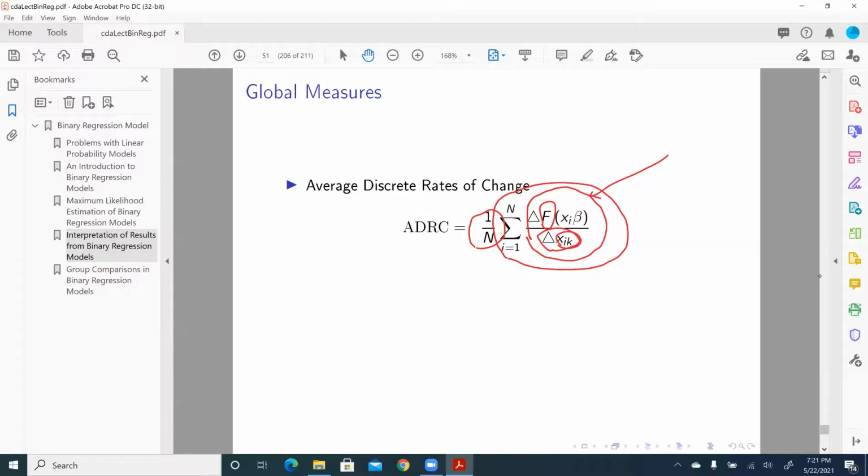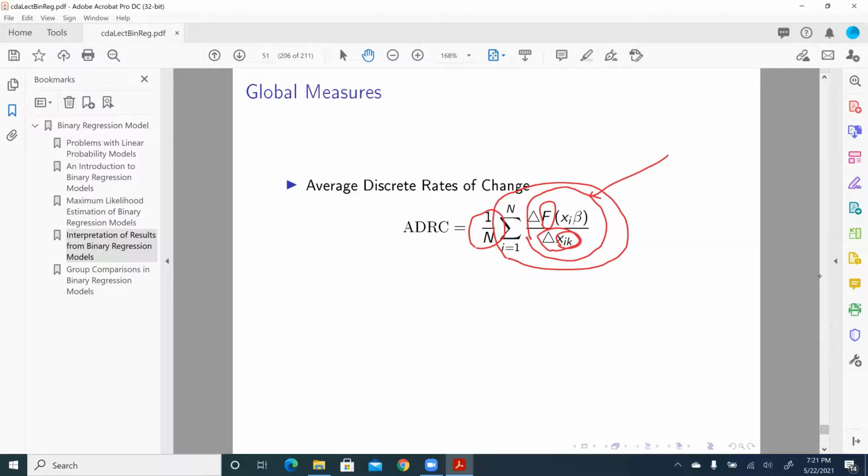Then we change the fixed amount. So every case, for xk begins at a different point, then change by a fixed amount. So there are multiple things we can do, and that is called average discrete rates of change.